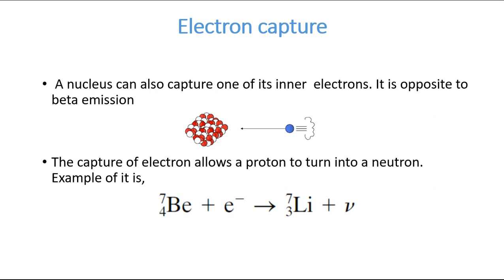As it involves the capture of an electron, it is called electron capture. This is also an example of beta decay. You can see there is also a conversion of excess nucleons. The A number is the same, but the Z number is changed from 4 to 3, so we have fewer protons in this process. The proton is converted into a neutron.